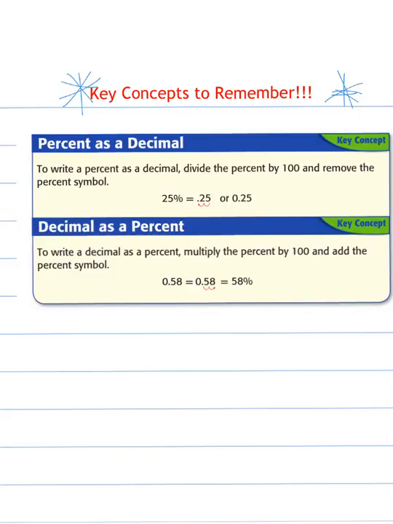So 25%, move it 2 to the left, and our decimal is 25/100. Writing a decimal as a percent, to write the decimal as a percent, multiply the decimal by 100, or move the decimal 2 to the right, and add the percent symbol. So 58/100, move our decimal over 2 to the right, and add our percent sign. So make sure you have this written down in your notes.